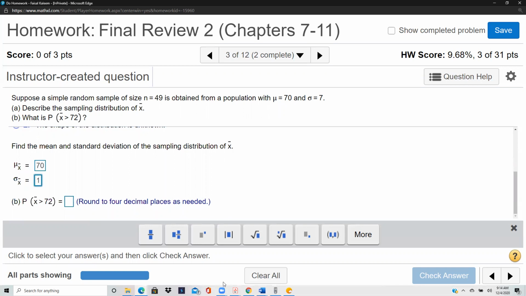And which mean and which standard deviation will we use? Wouldn't we use the ones we found? Because they are asking for X bar, so we would use the ones for the X bar. So 70 and 1, and we want greater than 72.